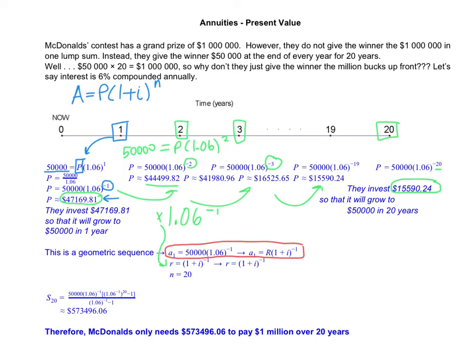It is more complicated than the future value, to get the actual formula, but it applies the same geometric series information. In the end, if we plug this information into the series formula, this is what McDonald's actually had to invest, around $573,000, and it grew to $1 million so that the winner gets $1 million at the end, which is wonderful.